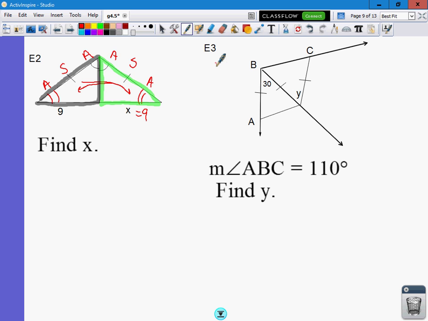In example 3, I see that I have an isosceles triangle ABY. I see I have an isosceles triangle BYC.